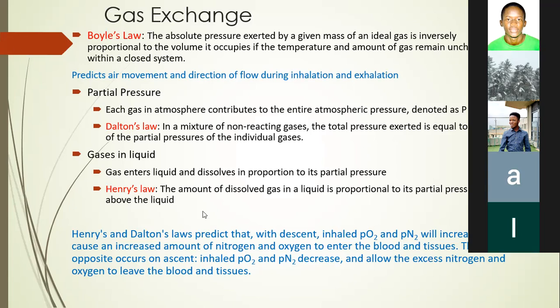For instance, we know that carbon dioxide dissolves more than oxygen, and oxygen dissolves more than nitrogen. So you can relate that we have more carbon dioxide and more oxygen dissolved than nitrogen.